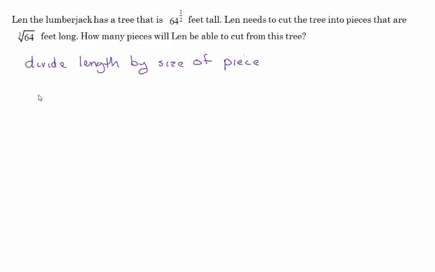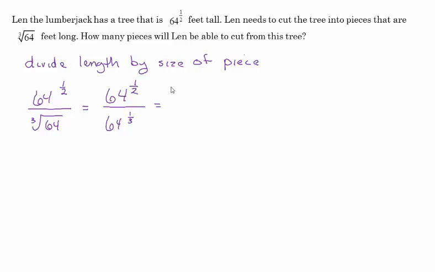Okay, so I'm going to take 64 to the 1/2 and I'm going to divide it by the cube root of 64. And this is not really doable in the format that it's currently in, because I have 1/2, I have cube roots. So what I'm going to do is take that 64 to the 1/2 and leave it the same, but I'm going to convert this cube root of 64 and make that 64 to the 1/3.